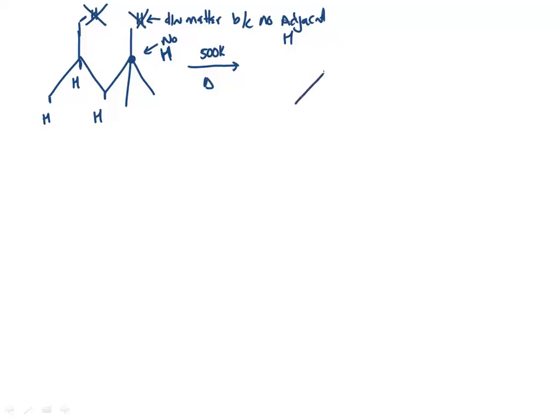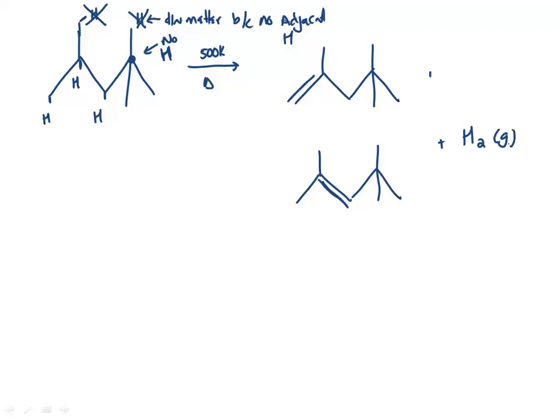So in the end, if I'm losing hydrogens, I can either lose that pair of hydrogens, or I can lose this pair of hydrogens, as my options. Which one should be favored?